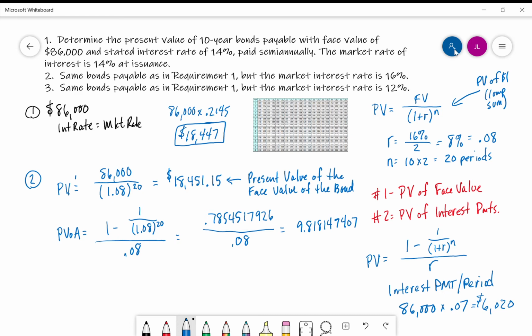What we do is we take this factor, we multiply it by our 6,000, our interest per period that we're paying.